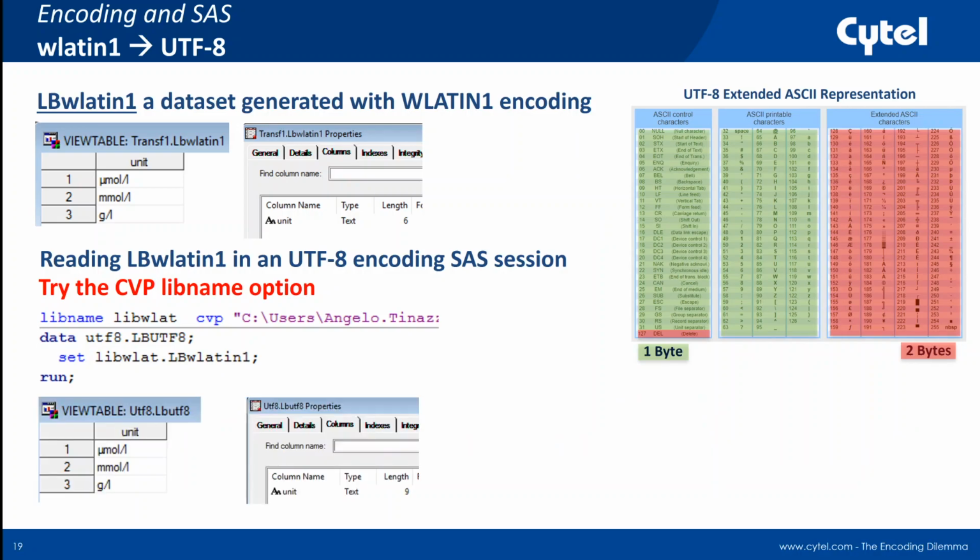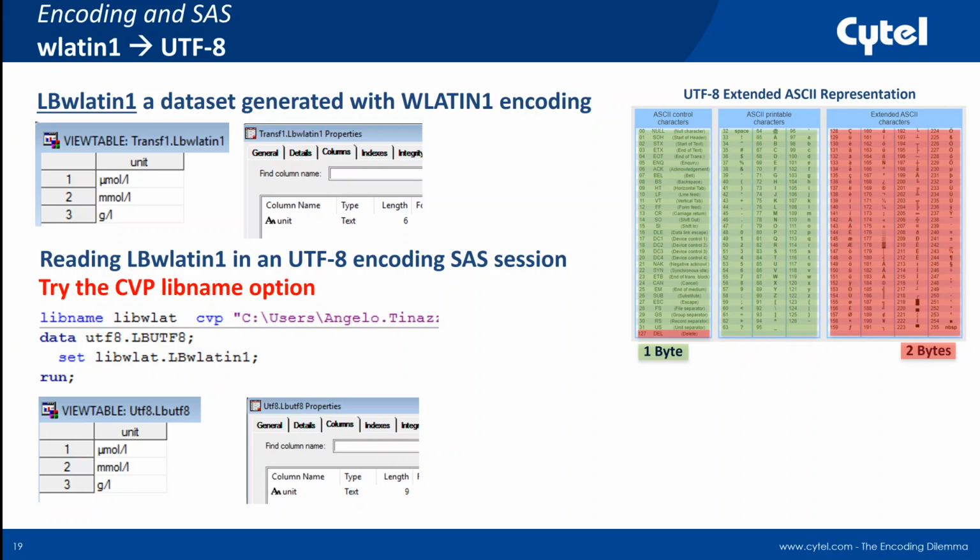One way of fixing this length issue is to use the CVP option in the libname statement. To see this in effect, because the CVP option when used makes the SAS library read-only, we need to create a UTF-8 transcoded dataset in a separate SAS library or in the work library. And what will be the effect of the CVP option?